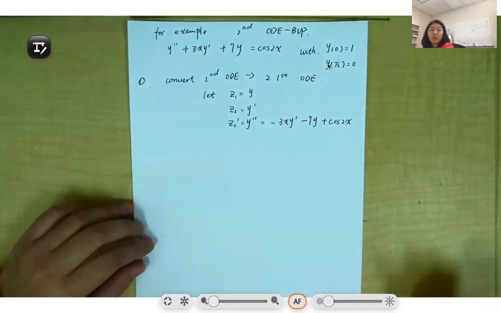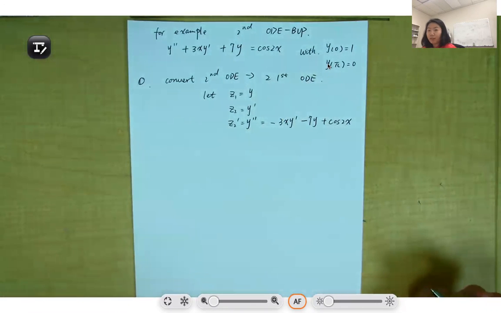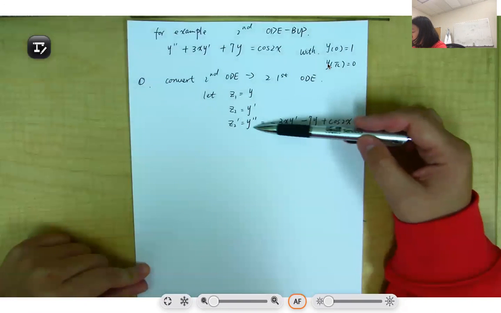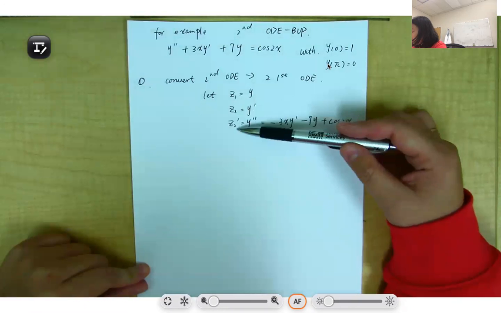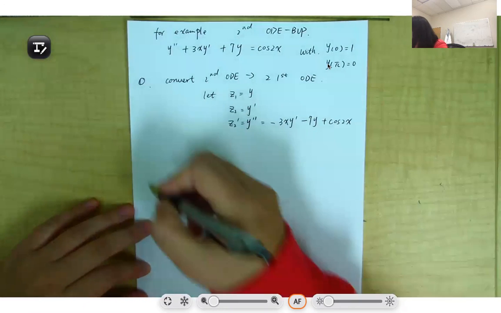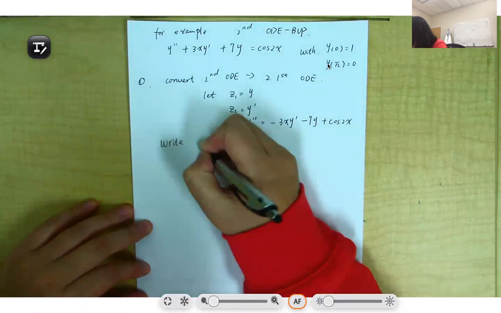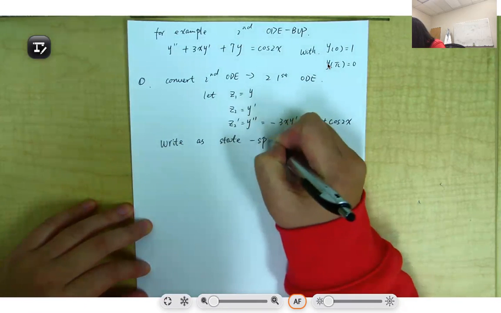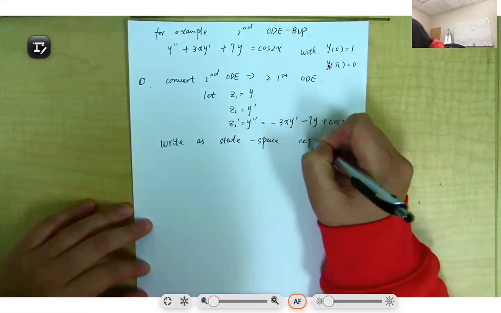Okay, so that is the two first order ODEs. Then we will write it as a state space representation.